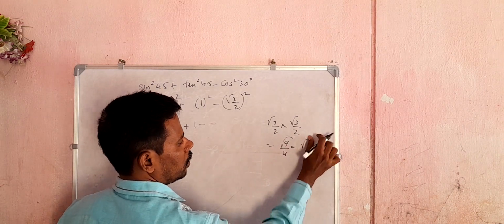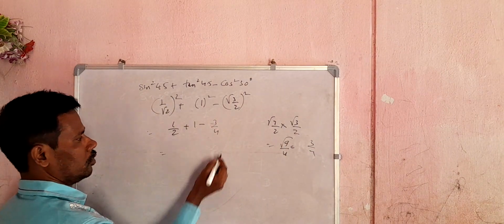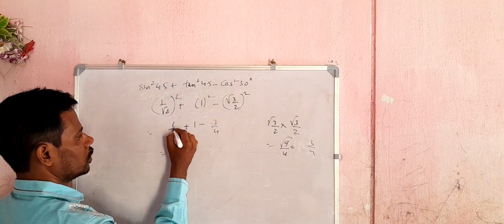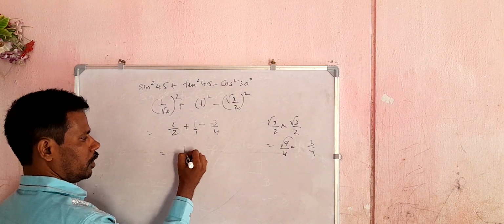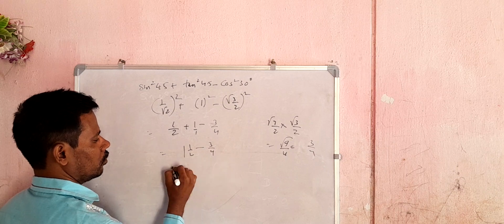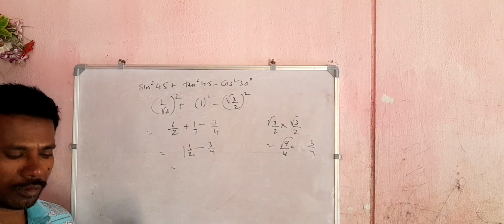Root 9 is nothing but 3, so 3 by 4. And you do the simplification: 1 by 2 minus 3 by 4. This and this add, and this you will do by yourself.